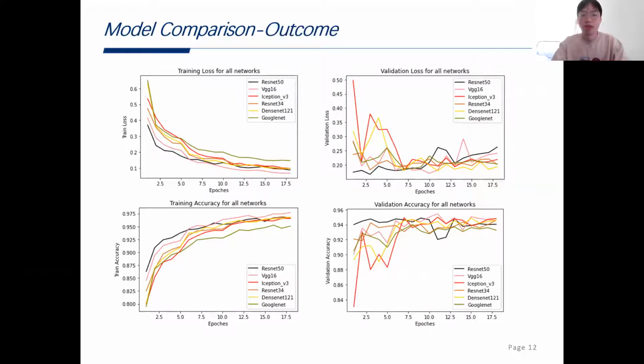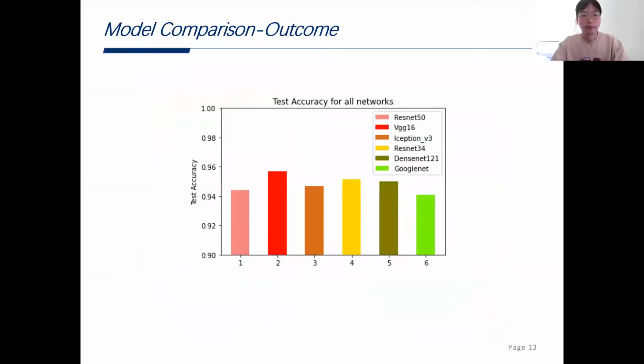In the training process, although GoogleNet's loss decreases the fastest at the beginning, VGG16 has the highest accuracy. There is a little difference during validation, because although DenseNet has the lowest loss, the models with the highest accuracy are Inception V3 and VGG16.